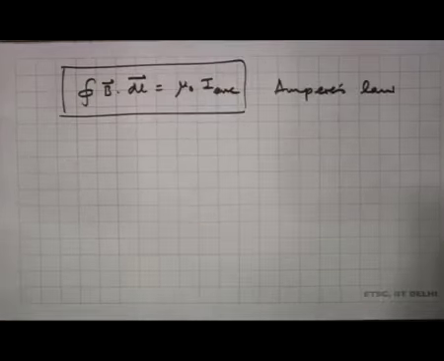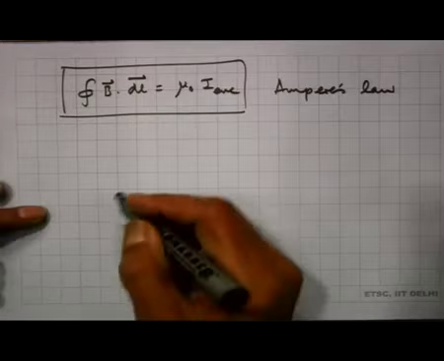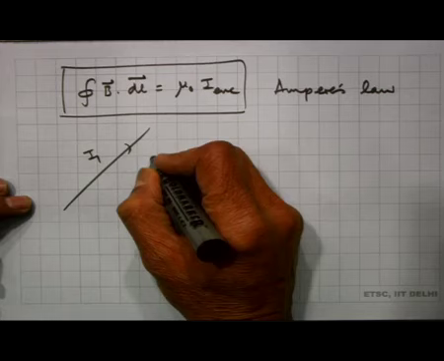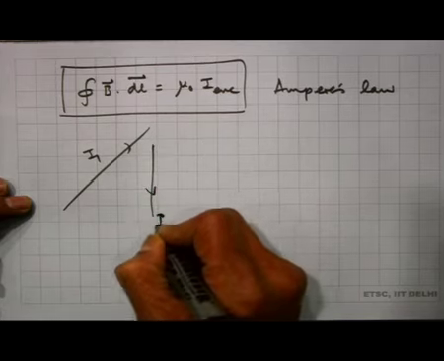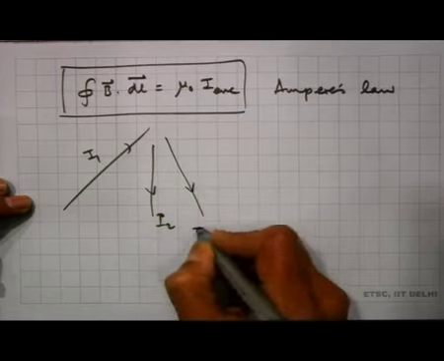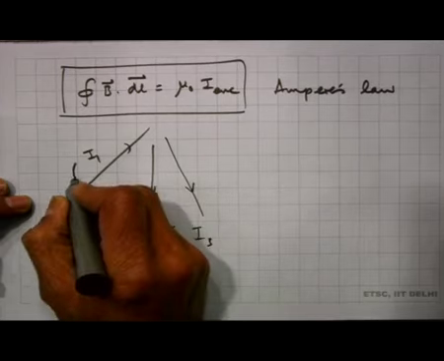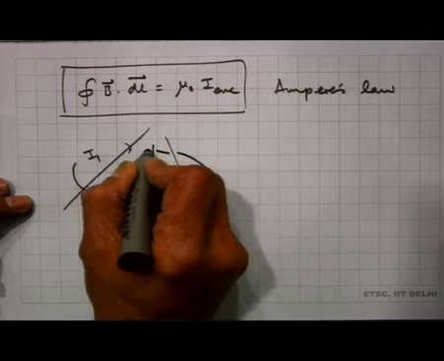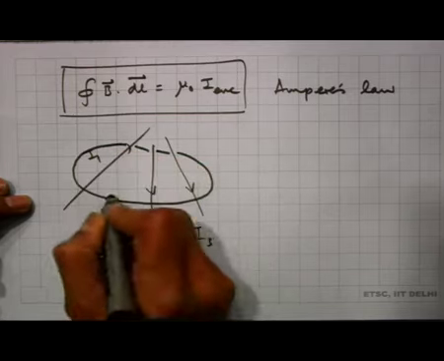So, for example, I can draw a figure in which I have current carrying conductors like this, I 1, another current carrying conductor I 2, and another one, for example, I 3. I can have a loop of integration which may be going behind, coming like this.